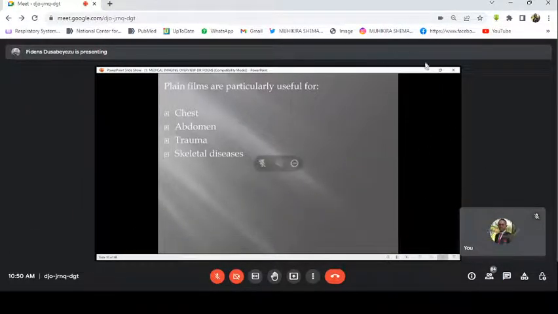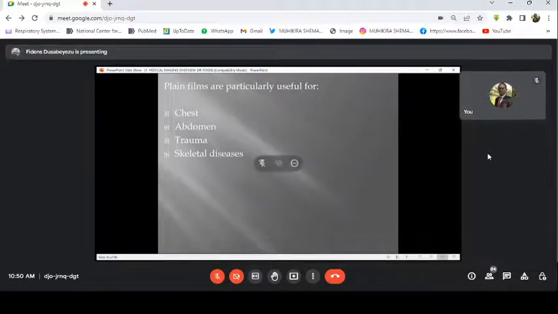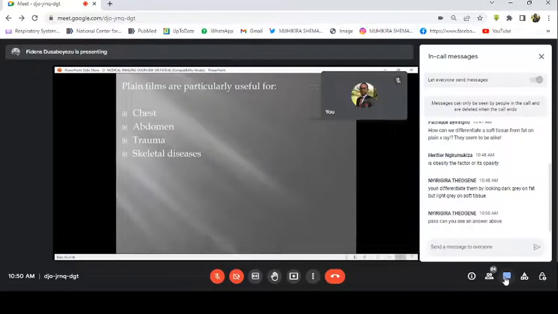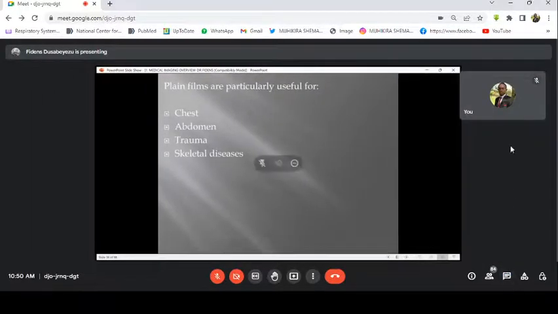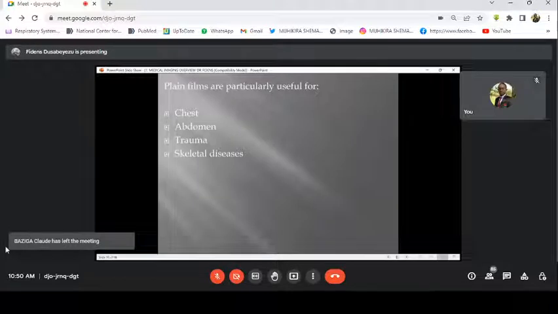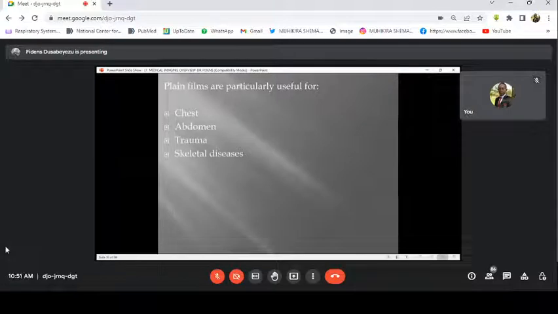So, plain film can be used, especially for the chest. The majority of procedures we do on an X-ray machine are chest X-rays. Plain abdominal X-ray is also done frequently. In case of trauma to the spine, long bones, or chest, we can use plain film.